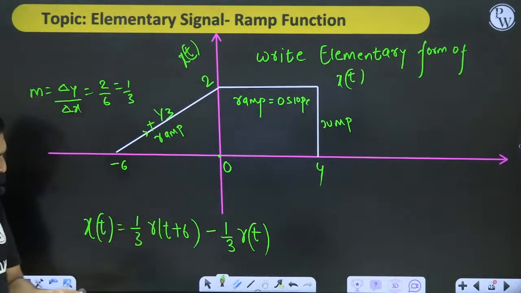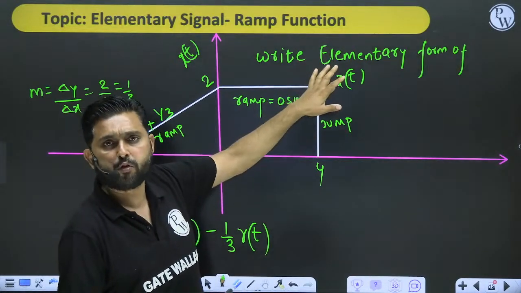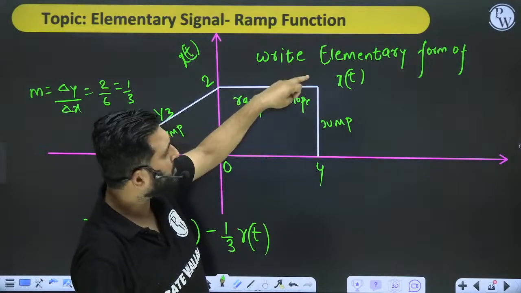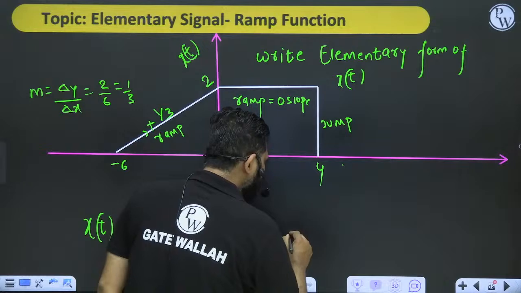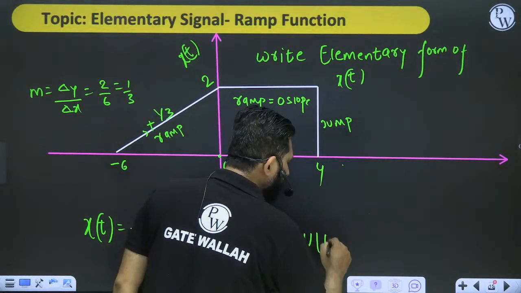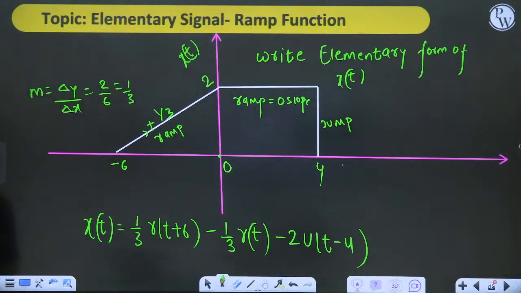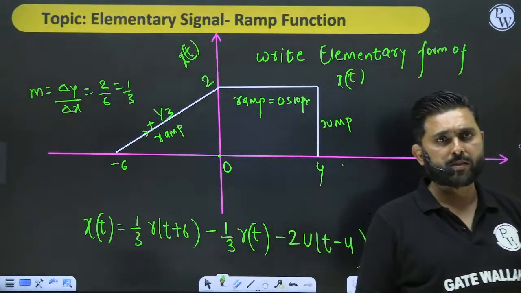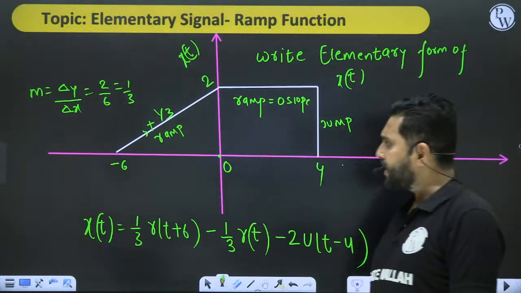Now by joining these two, I have made a function which is having a 0 slope, and then this is having a jump of how much? Look at the value here, 2, and 2 becomes a 0. This means that it is minus 2u(t-4). This is one of the most important representations of this function. So this is what my x(t) is. Simple, very simple. x(t) can be represented in this way.